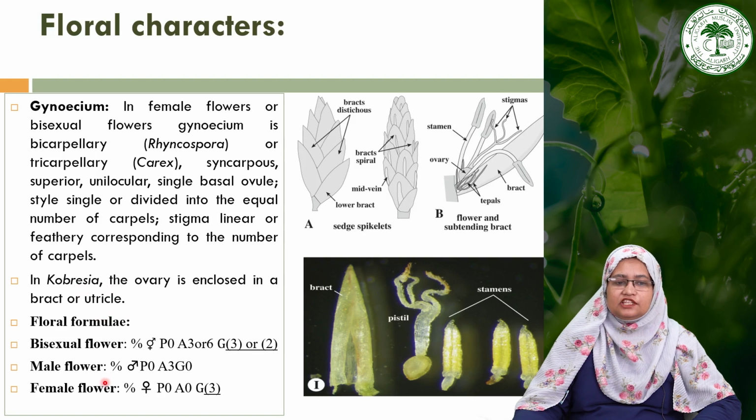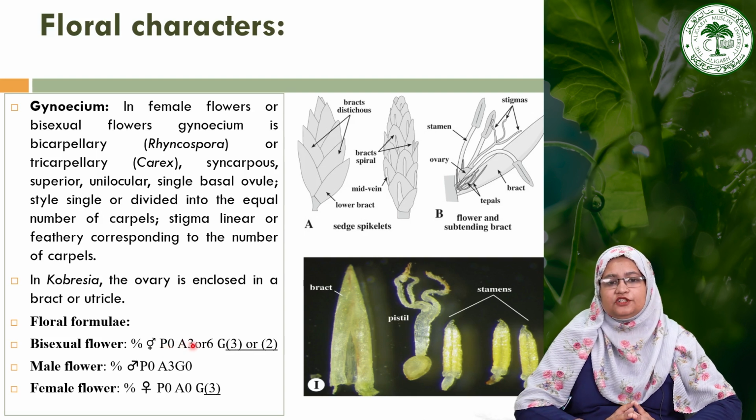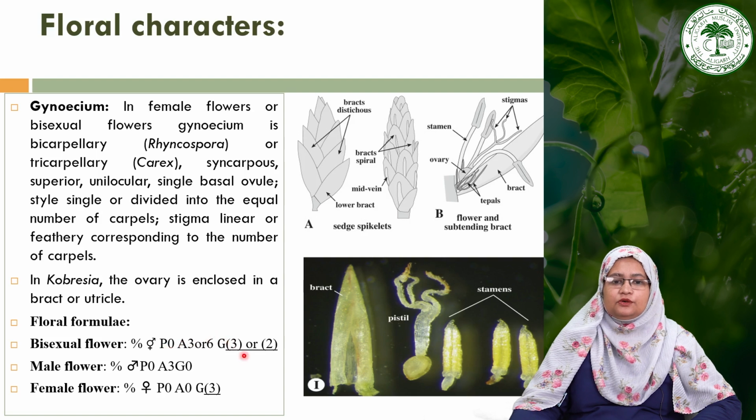So if we see the floral formula of this particular family, in the bisexual flower, they all have zygomorphic symmetry. They are bisexual. The perianth is generally absent in this family, and the androecium number may vary from 3 to 6. The gynoecium also varies from 3 to 2. They are syncarpous with a superior ovary.